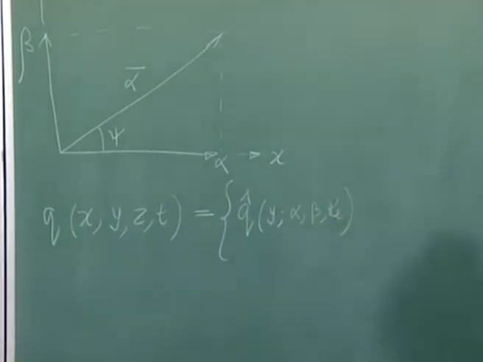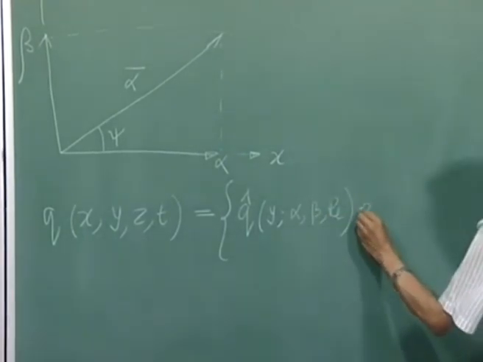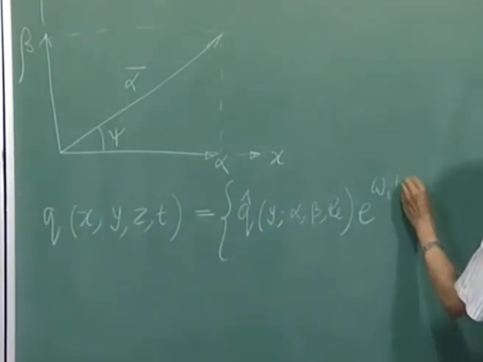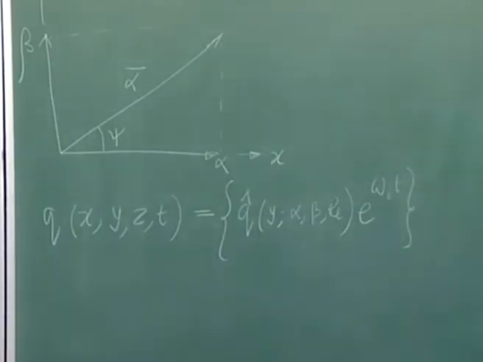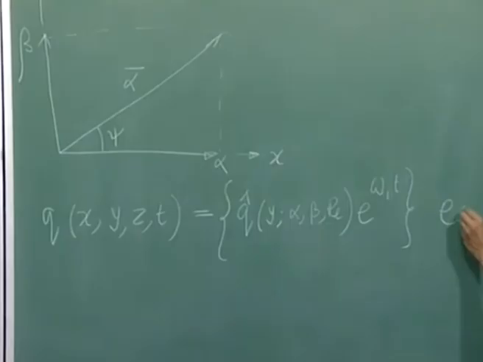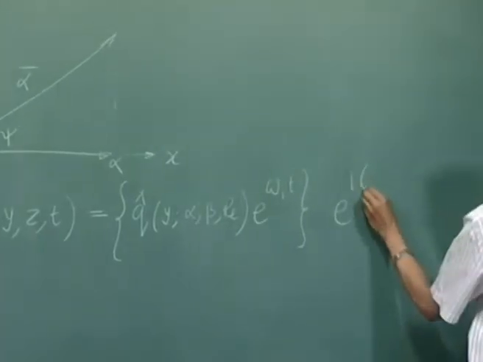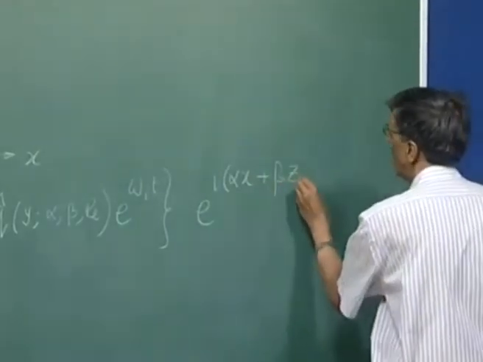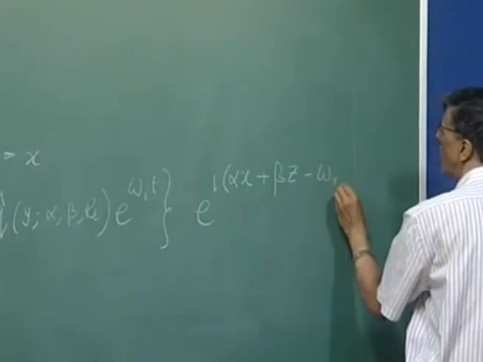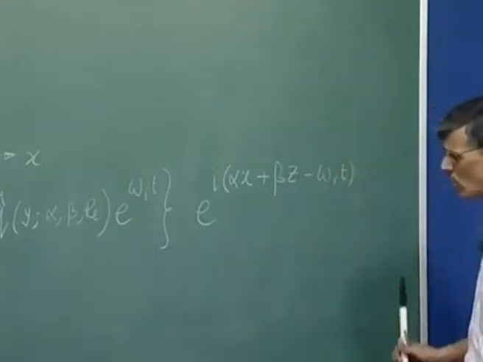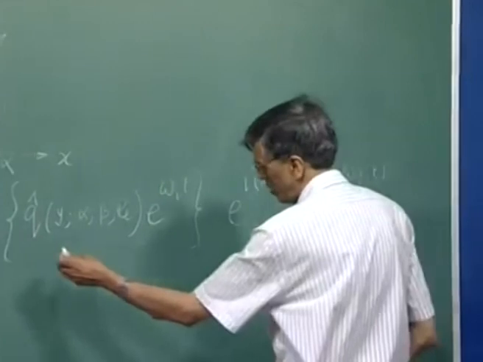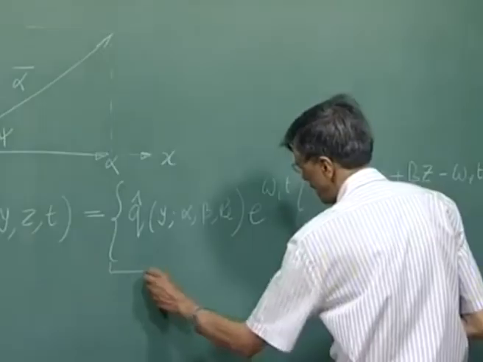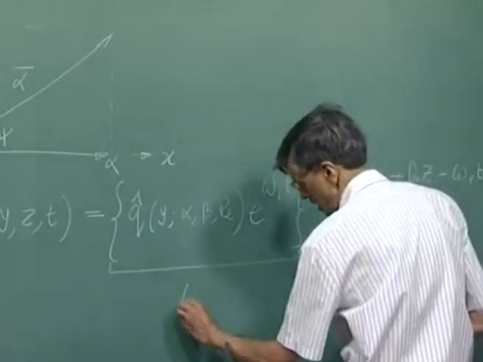And we also had e to the power i t, and the phase part is given by alpha x plus beta z minus omega r t. So this quantity that I have written within braces is what I call A.